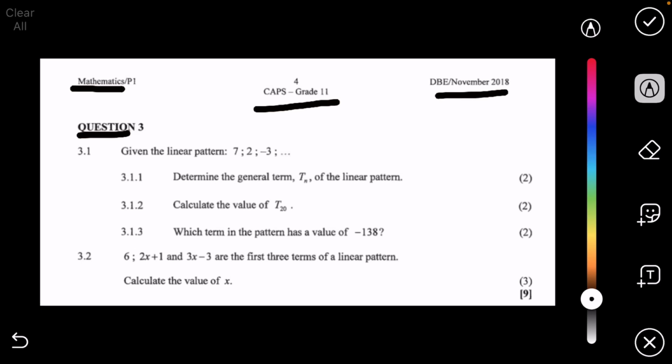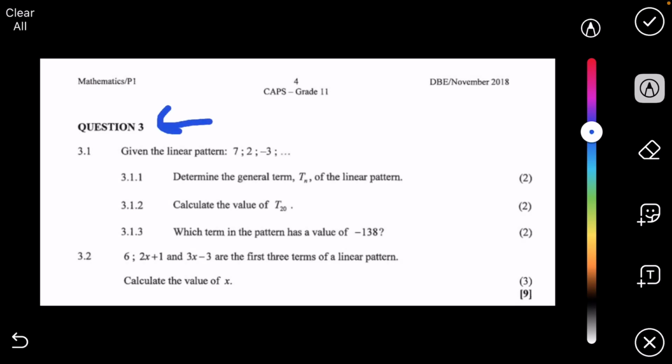It's very important that you take into account the given information. Under question 3, you've got 2 sub-questions, which are question 3.1 and 3.2. All of these sub-questions fall under 3.1.